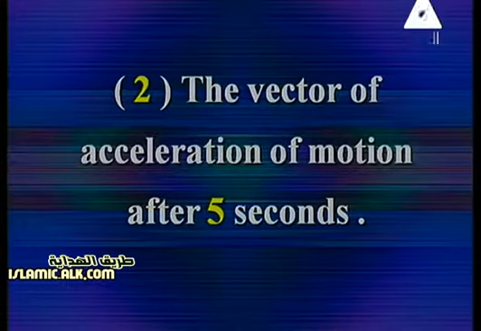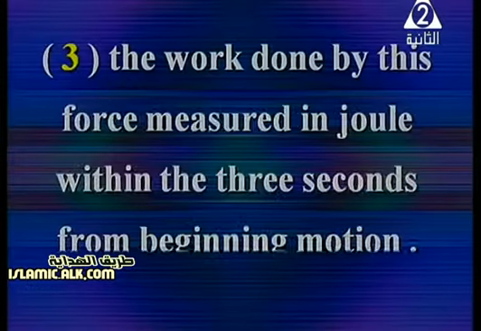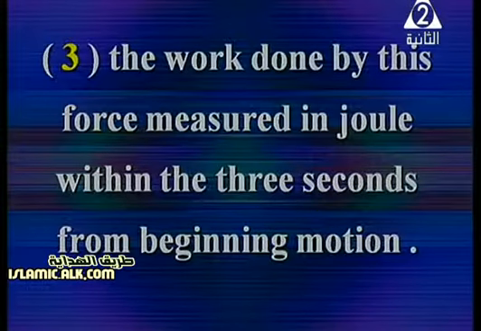The acceleration vector is the derivative of the velocity with respect to time t. After that, we substitute t equals 5, and we find the acceleration vector of motion. Number 3, what is the work done by this force measured in joule within 3 seconds from the beginning of motion?